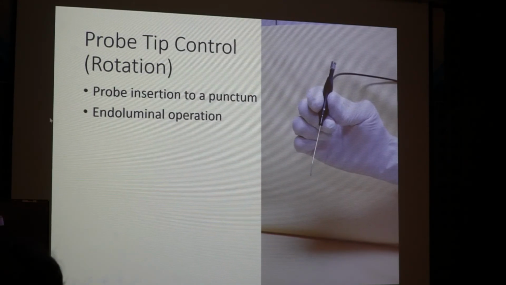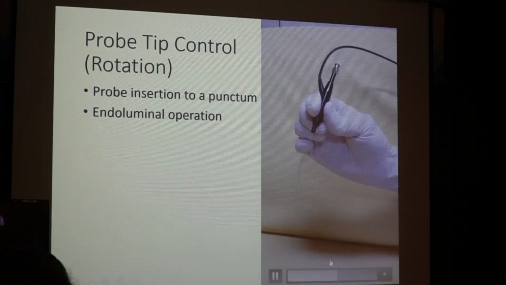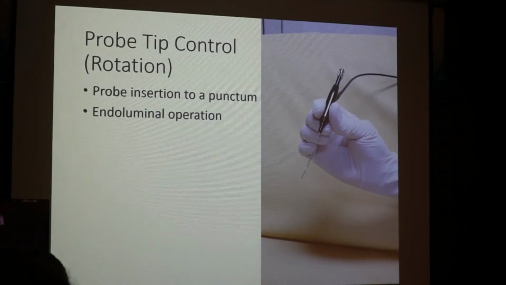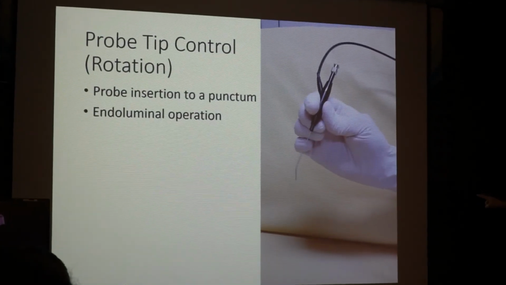This is different. So please use the curved probe. And we have another advantage in the probe curve. Let's look at this video. When I rotate the handpiece like this, I can control the direction of the probe tip like this.